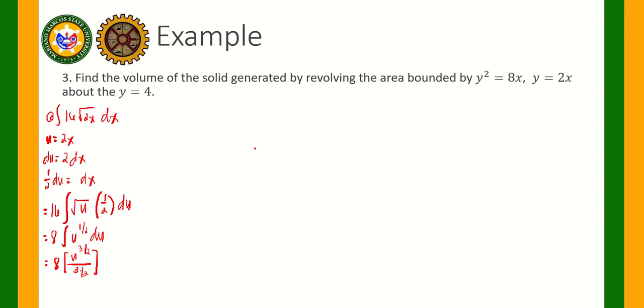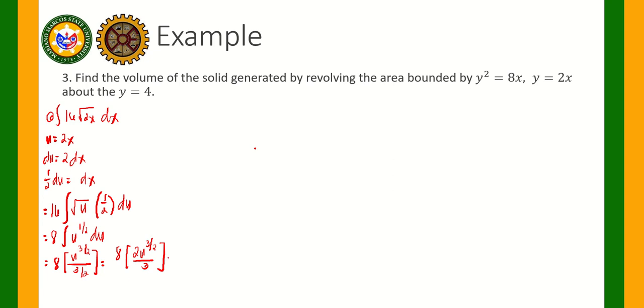And if we further simplify this one, this will be equal to 8 times 3 over 2 over 3. Okay, 2u raised to 3 over 2 over 3. So, substitute back na natin si u. U is equal to 2x.